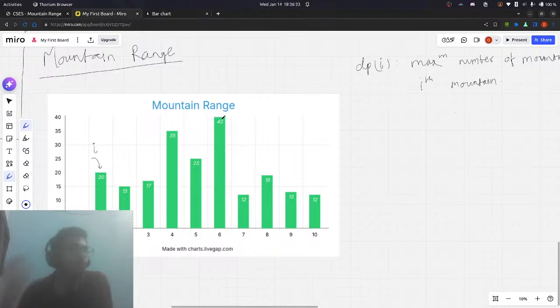But here our dp, initially it will be 0 only, so we will push it to other states. From 1 it will go to here, so it will become 2 here, and it will also become 2 here, and from 2 we will also check in the left what is the maximum and in the right what is the maximum. Of course not exceeding the value itself, so 40 will not be possible, so we can go here, we will be able to go here, and we will be able to go to 20.